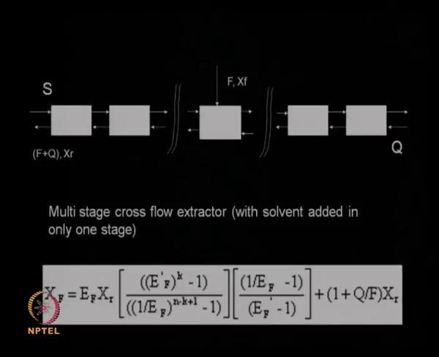Now there is one more type of design which is slightly different. You are introducing your feed somewhere in the middle rather than from one end, like this, at a concentration like this.